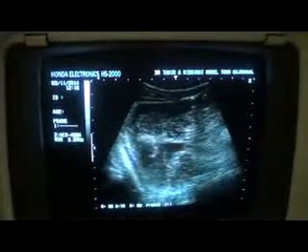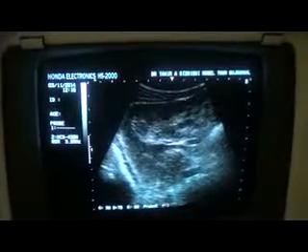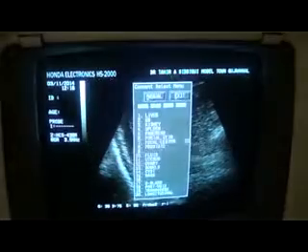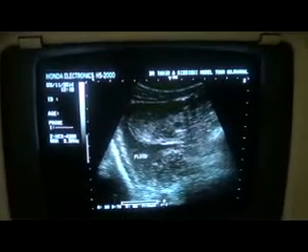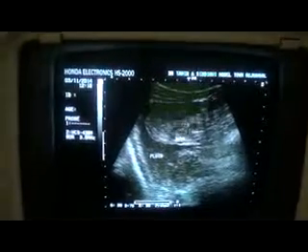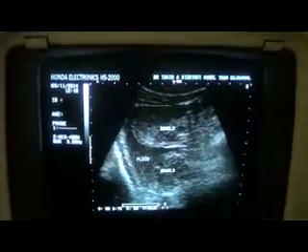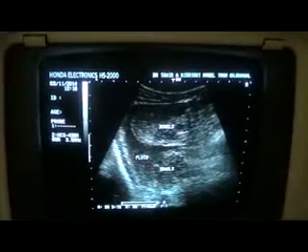Here we see fluid with echoes and trapped bowel segments. This is the longitudinal section of the bowel, and this is the fluid within it.